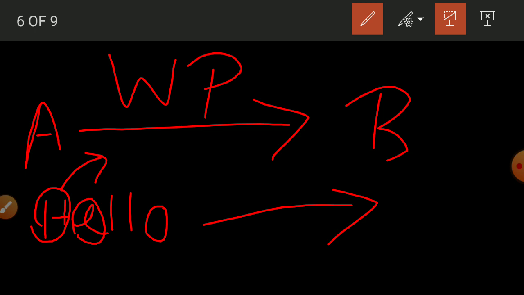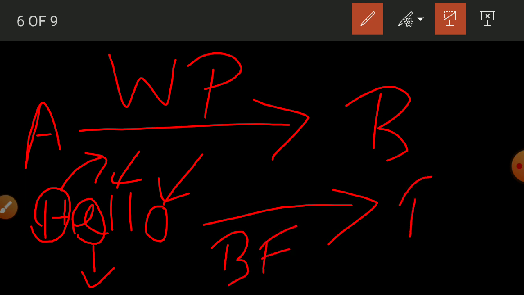Okay. So there will be a number for letter E. There will be some number for character L, and there will be some number for character O. Now those numbers will be converted into the binary form, and finally that binary form will be transmitted to user B's device.